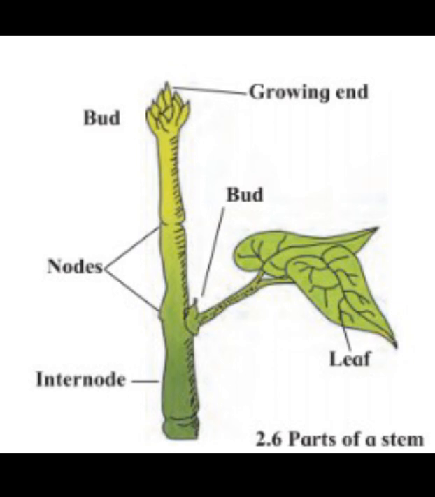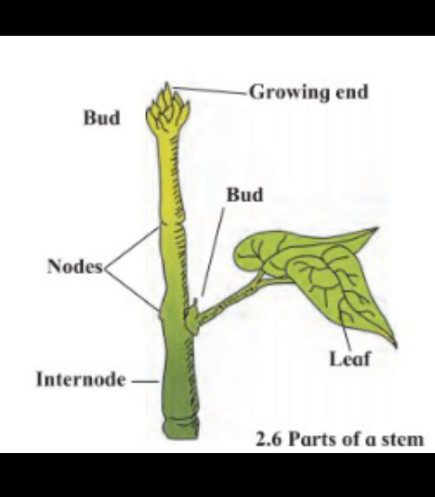The parts of a stem are nodes, internodes, bud, growing end, leaf, etc. Now, what is a stem? The stem is the part of a plant that grows above the soil from the plumule of the sprouting seed.